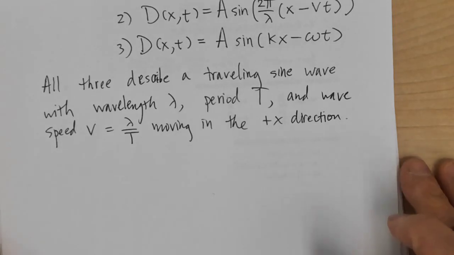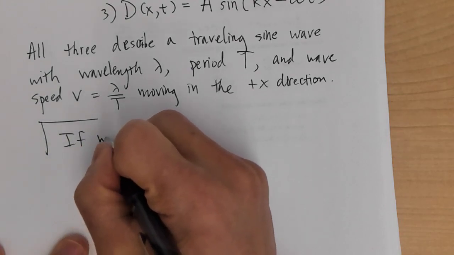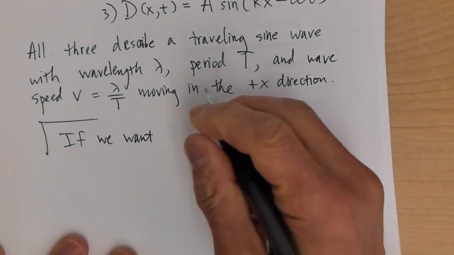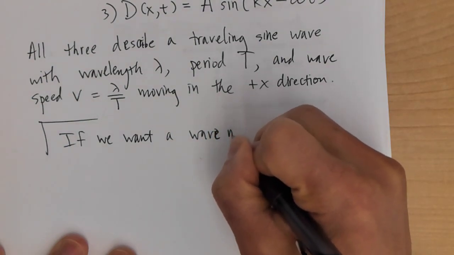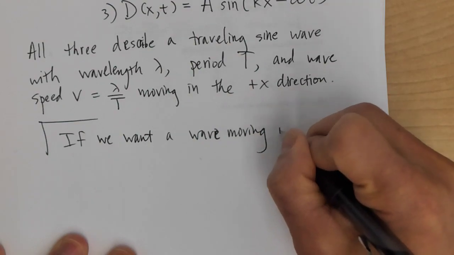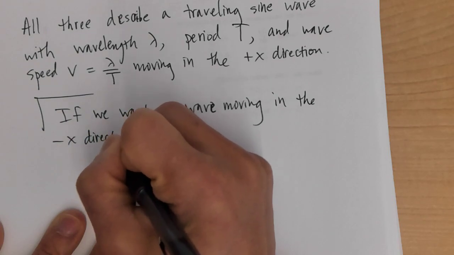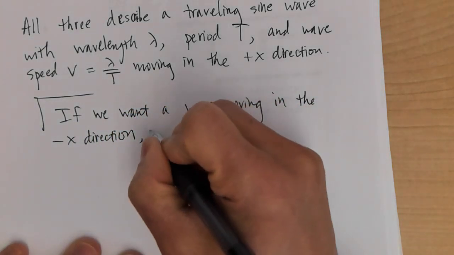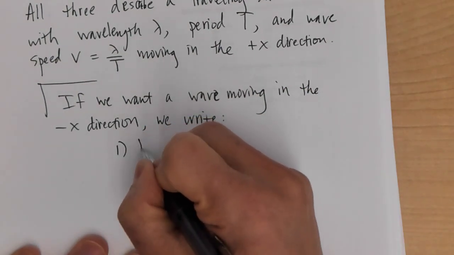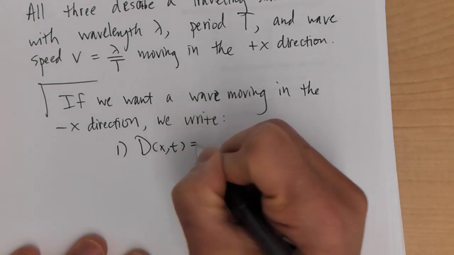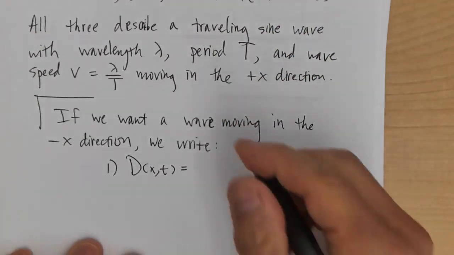Now as an aside, I'm going to mention that if we want a wave moving in the minus x direction, we write the following. Comparing with up here, we just replace the minus signs with plus signs.